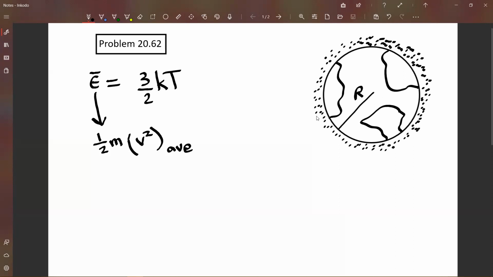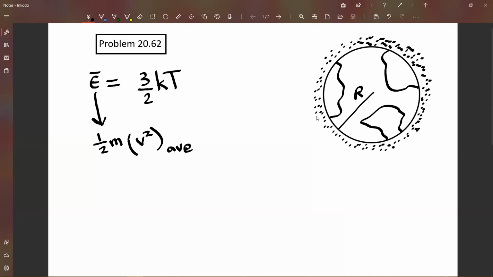The kinetic energy of a particle is 1/2 mv squared. Well, you've got jillions of air particles here in the atmosphere moving at all different speeds. That means a whole bunch of different kinetic energies. We'd like the average kinetic energy. That's what's equal to 3/2 kT. Well, they all have the same value of 1/2 and the same value of m if we're talking about identical particles, so you could factor that out, so to speak, of the average. And so you're really just looking at the average value of v squared.